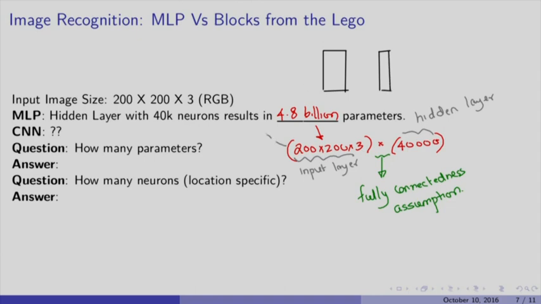So we have 200 by 200 by 3, depth being 3, 200 by 200 being the length and breadth, and the hidden layer is, for the time being, of depth 1, and it consists of 40,000 neurons, which basically correspond to each of these pixels in the input. Now, is there a way we can deal with much fewer parameters that do justice to the structure of the problem?